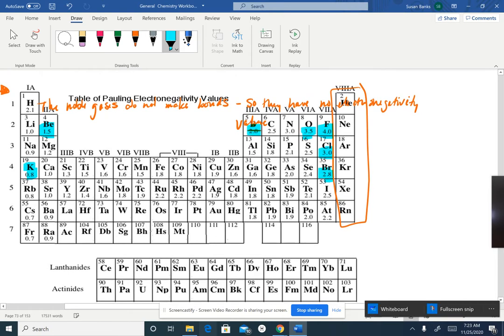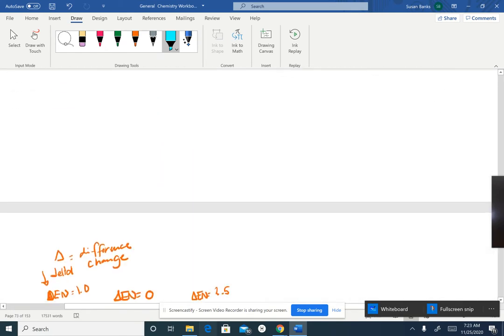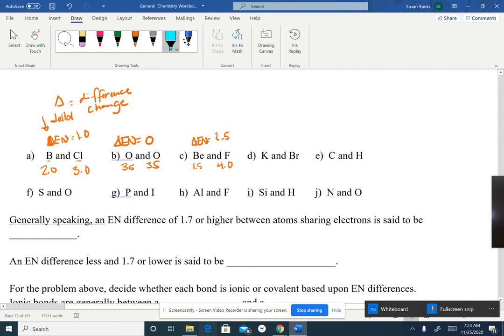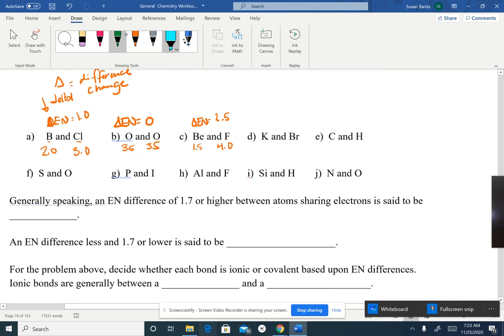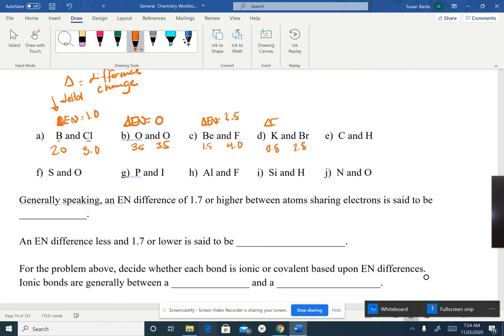So 0.8 and 2.8. Our difference here is 2.0.